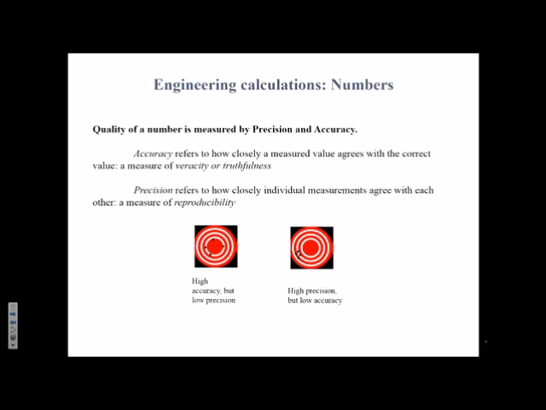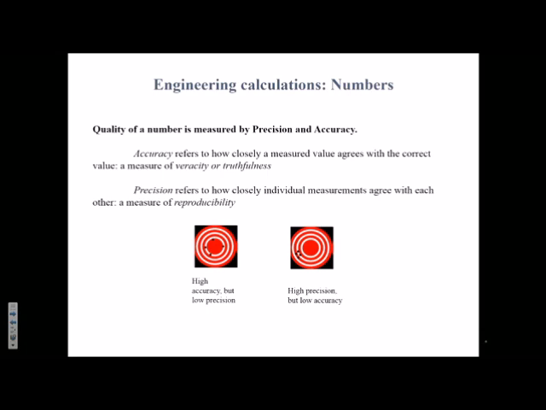Accuracy will really depend on how tall I actually am. I'm giving a lot of digits after the decimal, so it makes it look as if I'm being very, very precise, but it may still not be accurate. I may be lying to you. I'm just giving you a large number to make it look as if there is a great quality in that number, but it may not be accurate. So accuracy and precision are not to be mixed up.